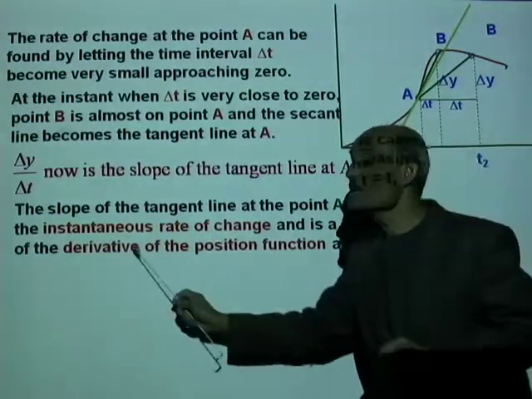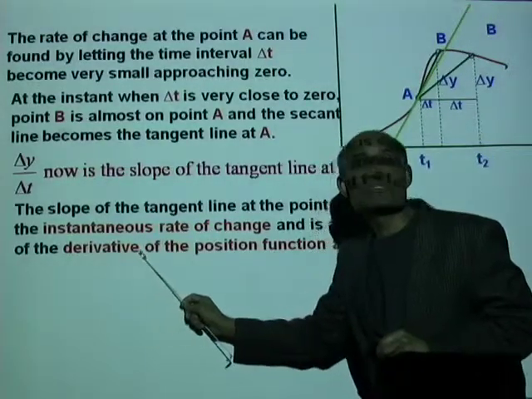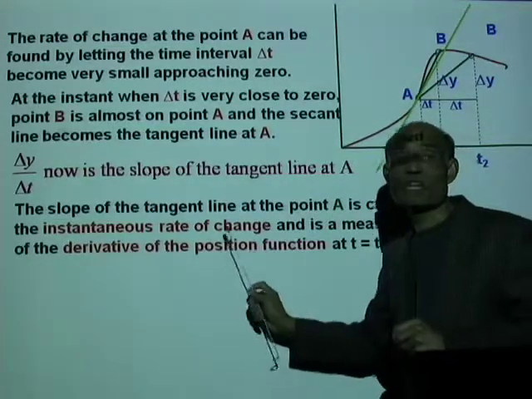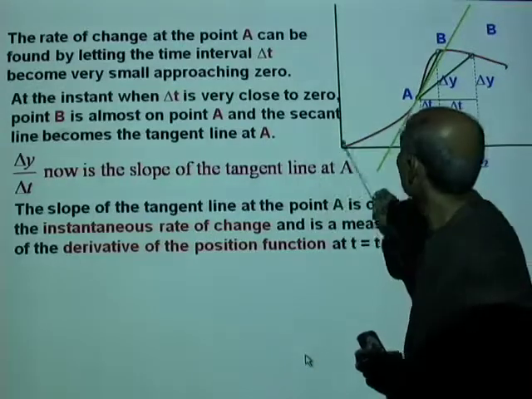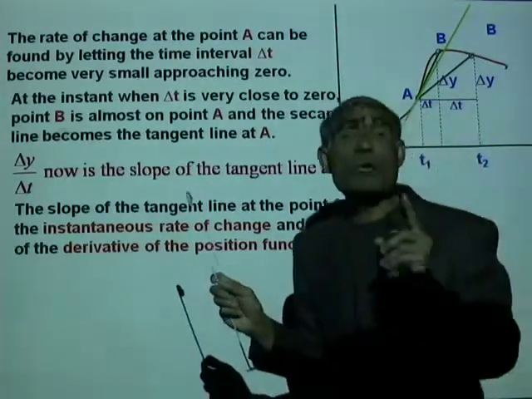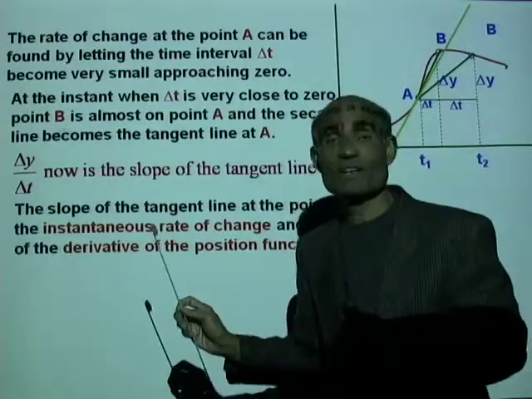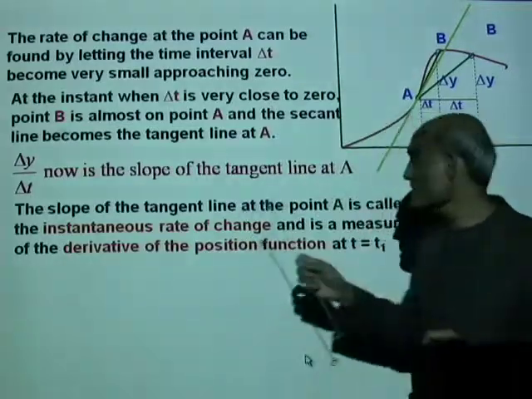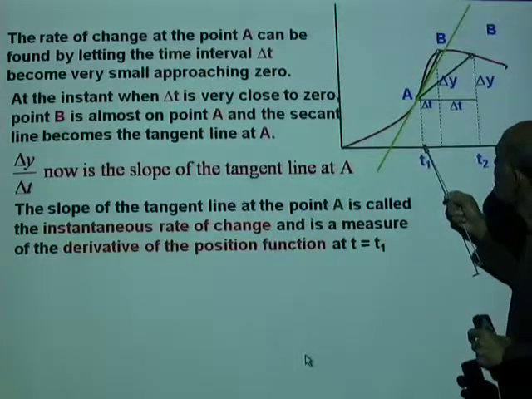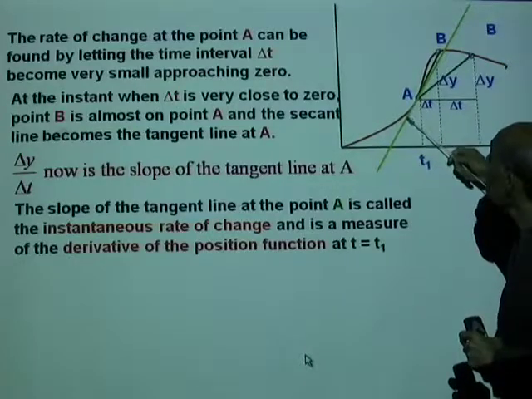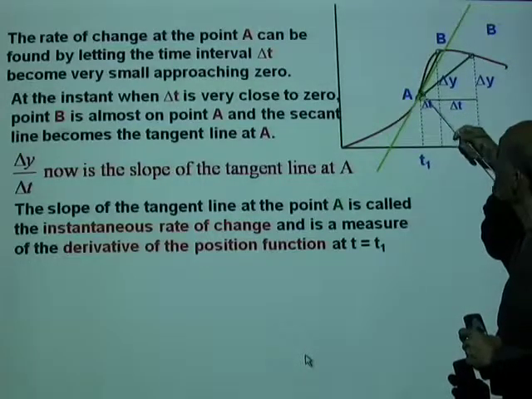And this is a measure of the derivative of the position function. You see, the derivative of the position function has a meaning only at one point, and it is called the instantaneous. At that particular instant, what is the rate of change at t equal to t1? It is the slope of the tangent line drawn at A.